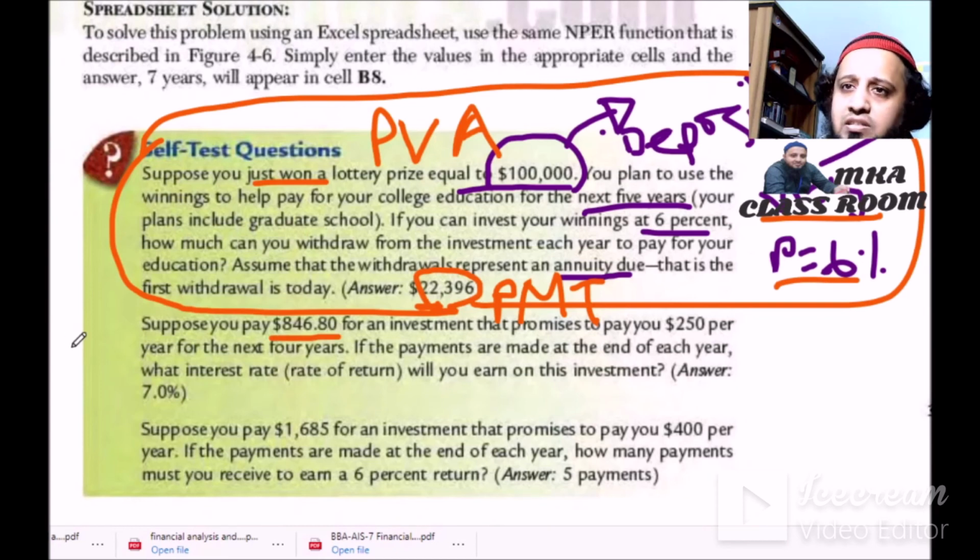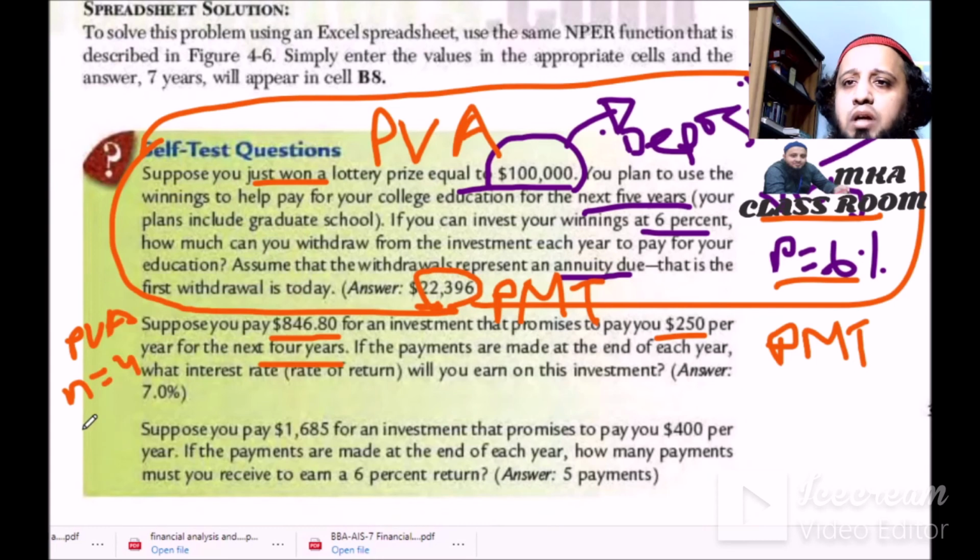So obviously this amount is present value of annuity, and that is our PMT. Each year you are getting 250 taka per year for the next 4 years, so n should be 4, and we solve for r.